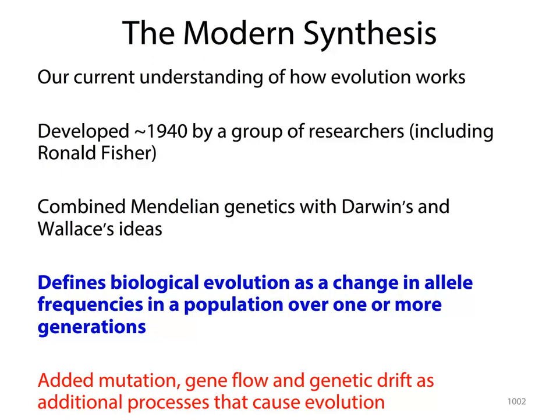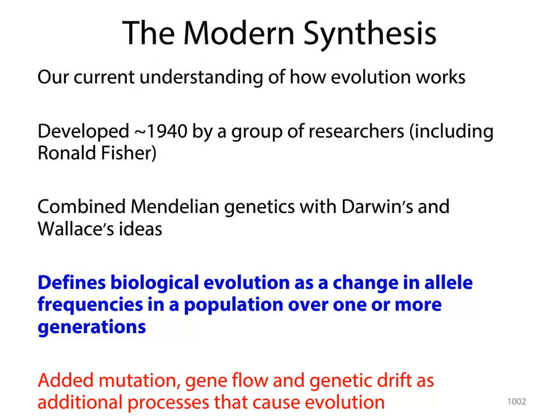So, one of the most important concepts I want you all to know is the modern synthesis. The modern synthesis is basically a time period between the 1940s, 50s, and 60s. What they did was combine Mendel's genetics with Darwin's and Wallace's idea of natural selection and evolution.